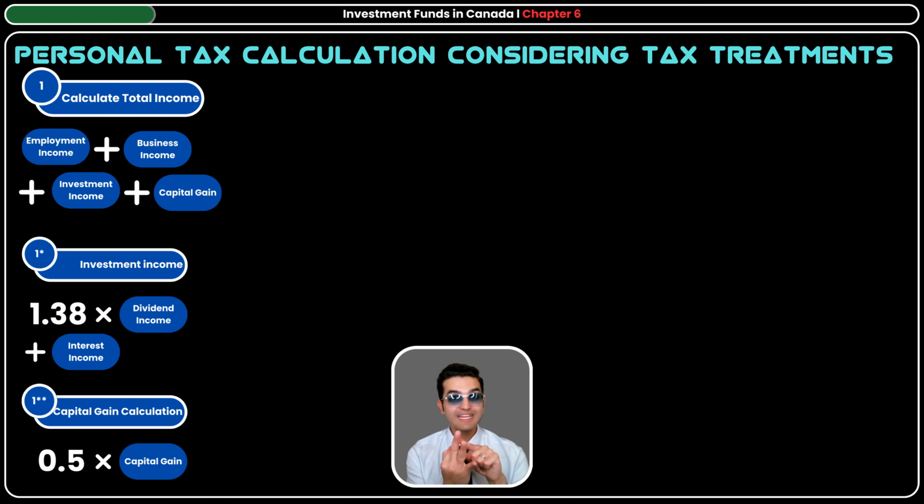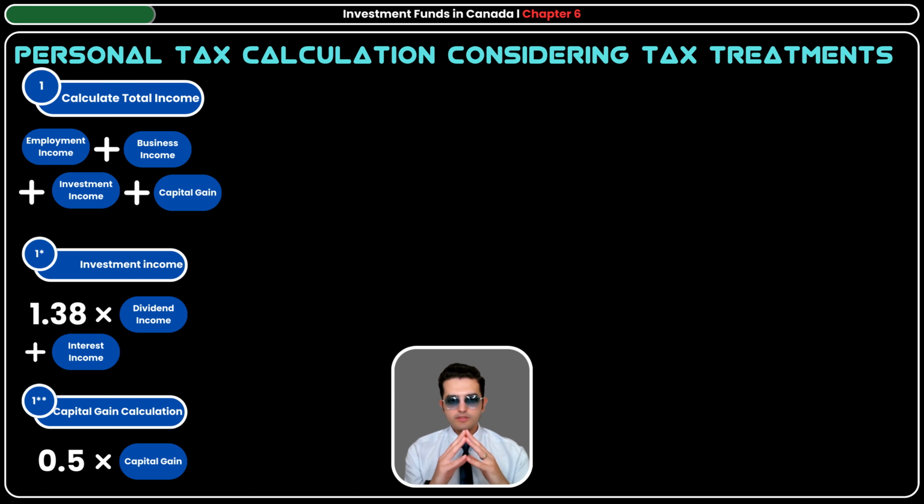Your capital gain, what is capital gain? You bought your stock at $10. Now it's $25. This $15 is your capital gain. You only report 50% of your capital gain to the CRA, or Canada Revenue Agency.